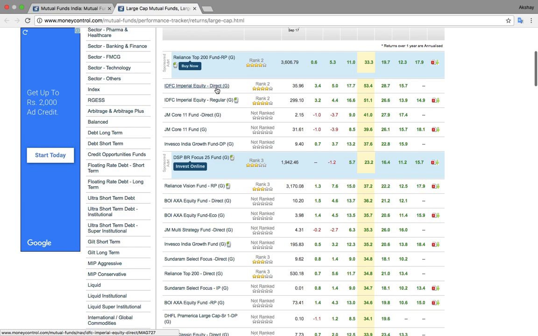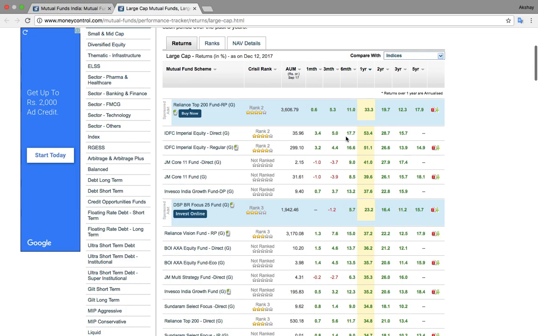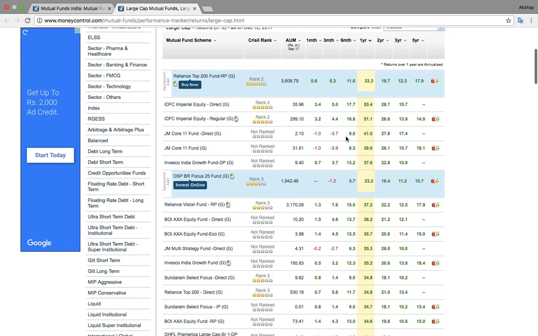Then see, here you can see these two are same plans. It is direct, it is regular, and this G means growth, okay. And you can see this is 1 year return. In regular the return is 51.1% and in direct growth the return is 53%. So there is a difference of around 2.3%, which is a huge difference. If you do the calculation, it is a huge difference.